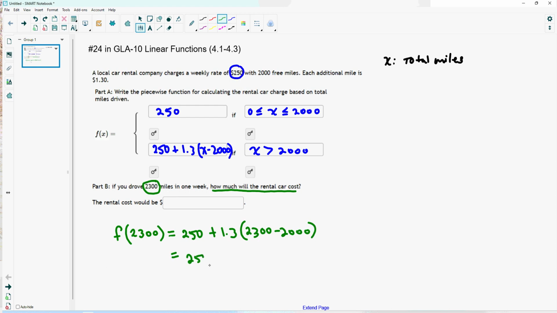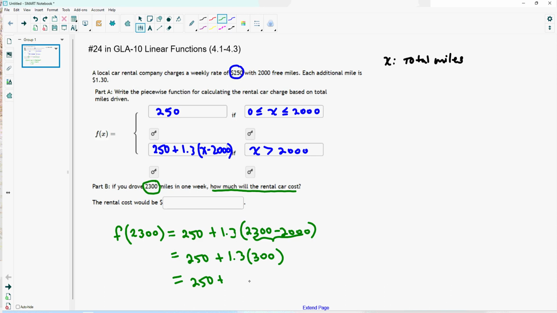So notice how this simplifies. We have $250 plus, simplified, 2,300 minus 2,000 is that we're getting charged $1.30 for each of the 300 extra miles, right? So then 1.3 times 300 gives a syntax error.